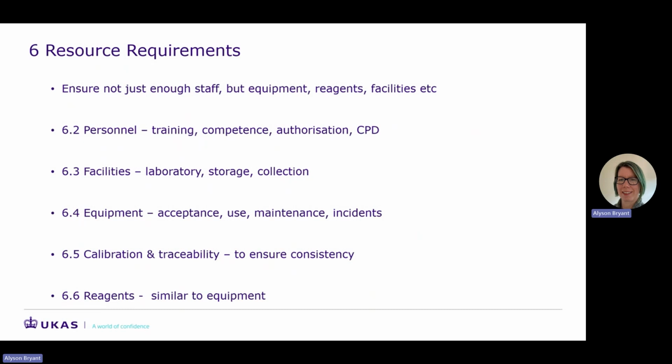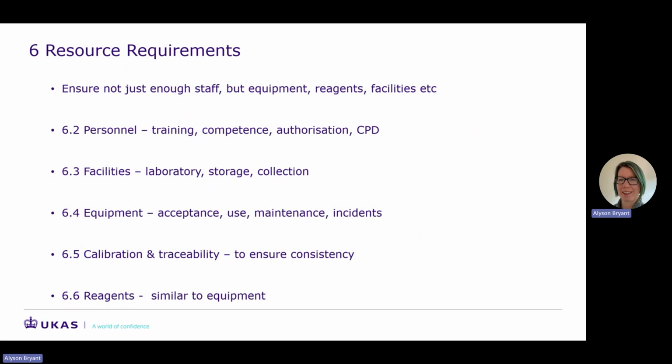Are they performing CPD? Under facilities, are the laboratory spaces adequate? Are they appropriate? Are they secure? Do they have the right environmental monitoring, etc., to deliver an effective service?